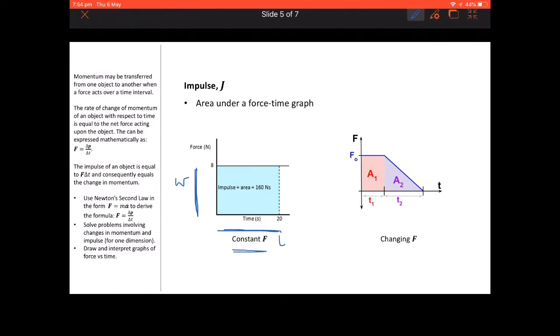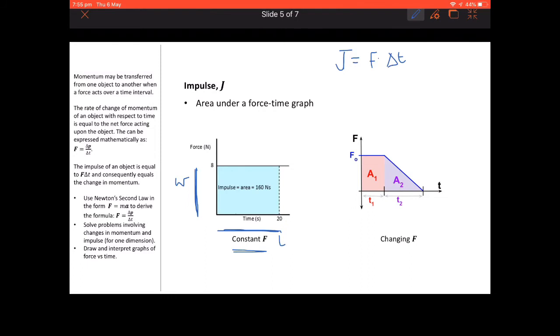The length here is time, and the width is force. Our rule for impulse is force by the change in time, and that's exactly what you'd be finding if you were to multiply the length and the width of this rectangle.